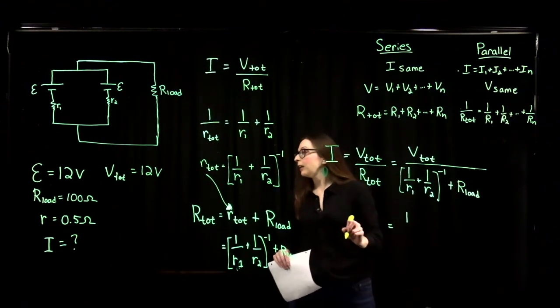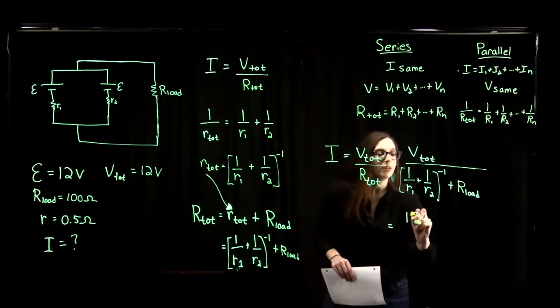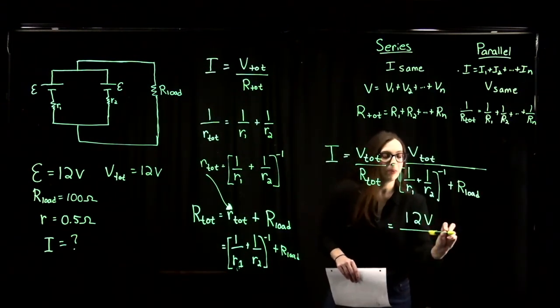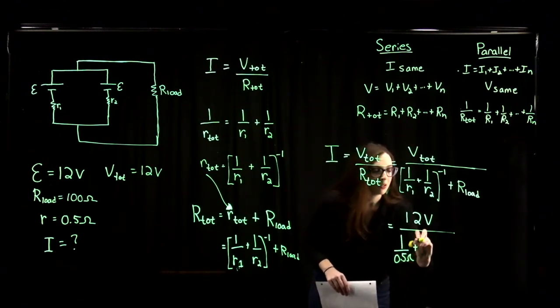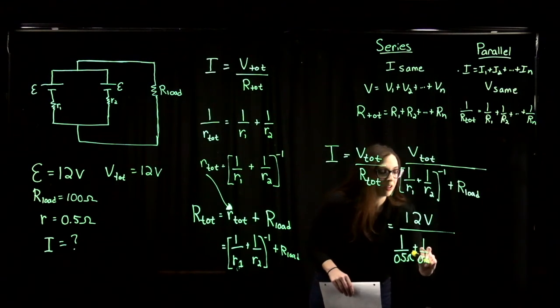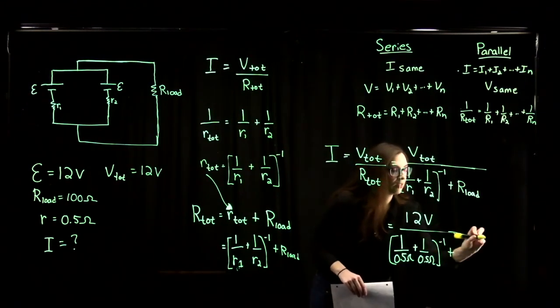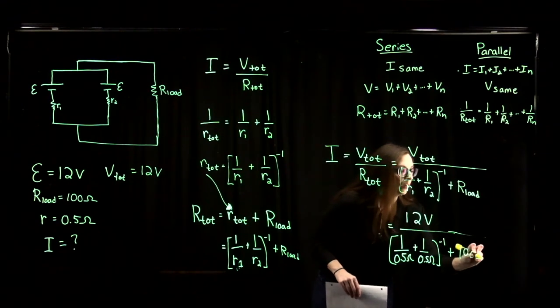Then our total current is 12 volts divided by (1 over the internal resistance of one battery plus 1 over the internal resistance of the other battery) all raised to the -1, plus our 100 ohms right here.